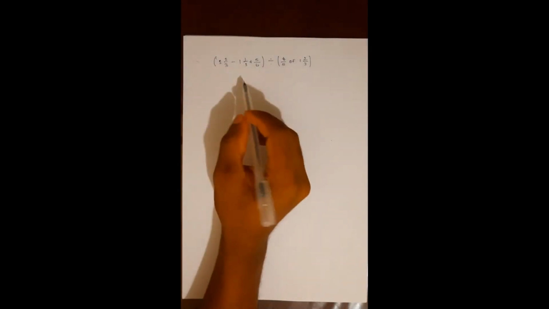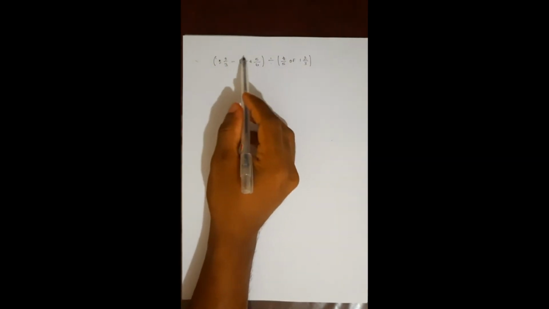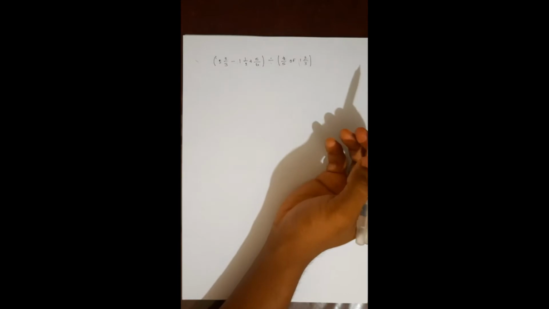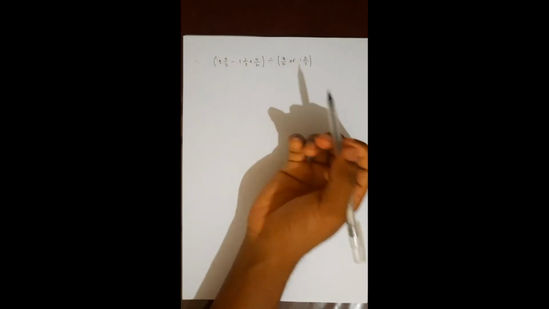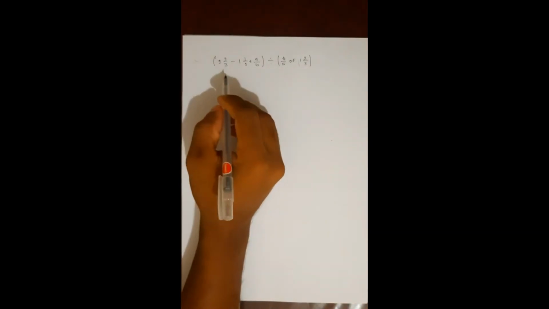Now let's look at an example so that we can understand much better. These parts are called mixed numbers, so we have to convert those mixed numbers into improper fractions.